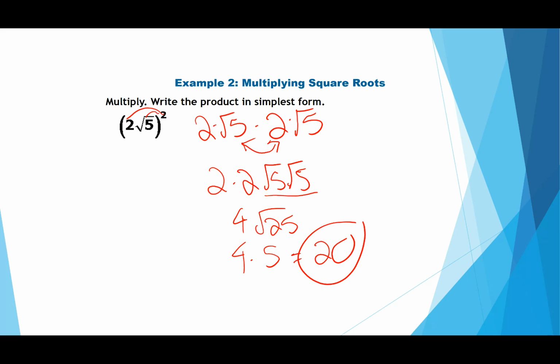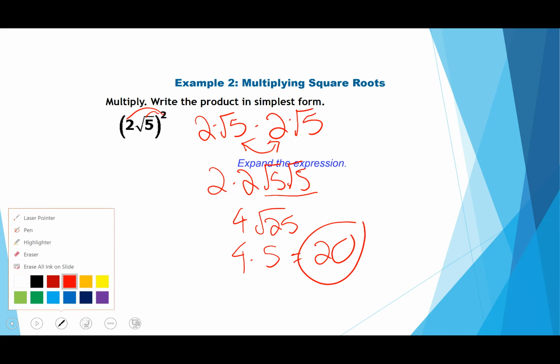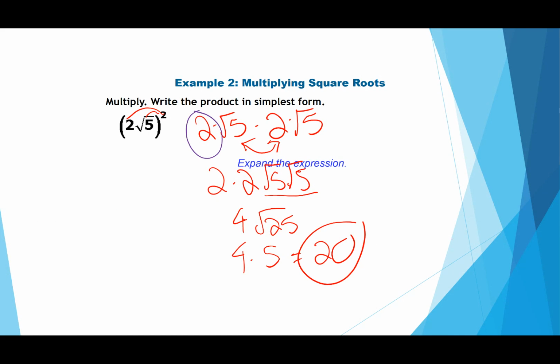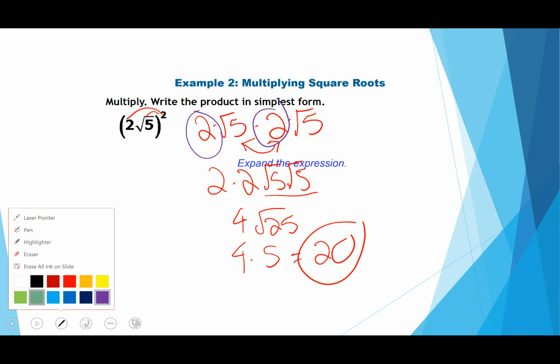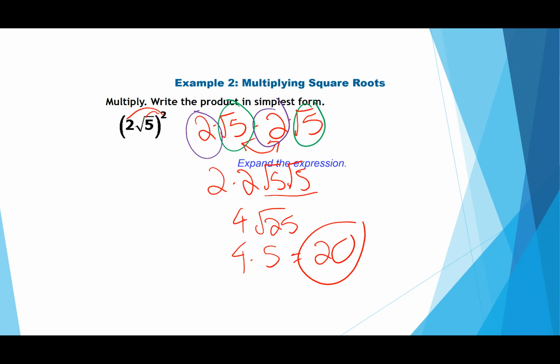So to keep it kind of simple, whatever you have that's outside radicals, like 2, you can multiply them together. Whatever you have that's inside radicals, like the 5, you can multiply them together. You don't have to rearrange them like I did here. I only did that to kind of prove a point.